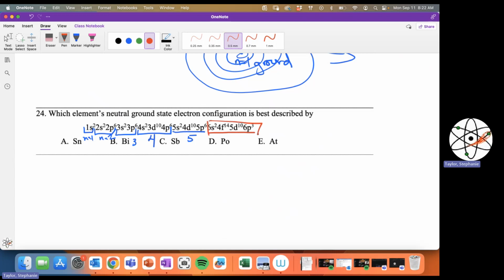Actually, not all of those are valence. The only valence ones are the highest value of n, so the 6 parts are my valence electrons.